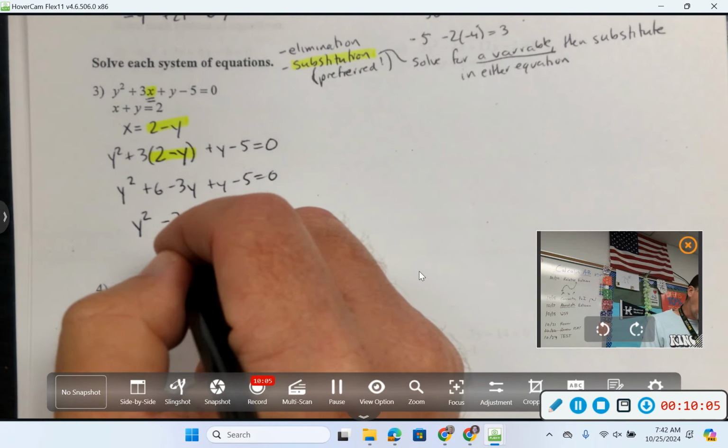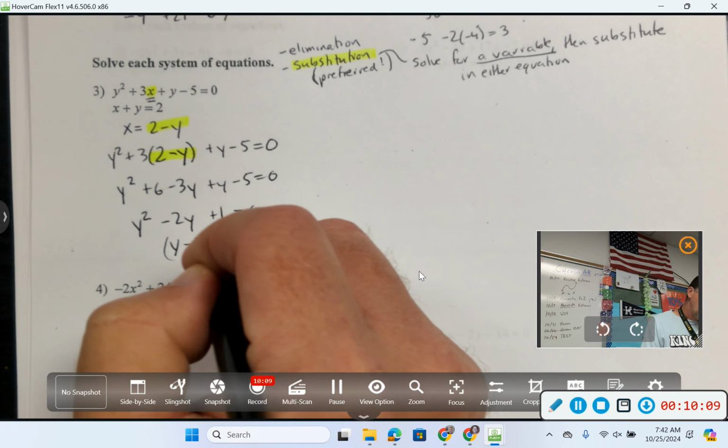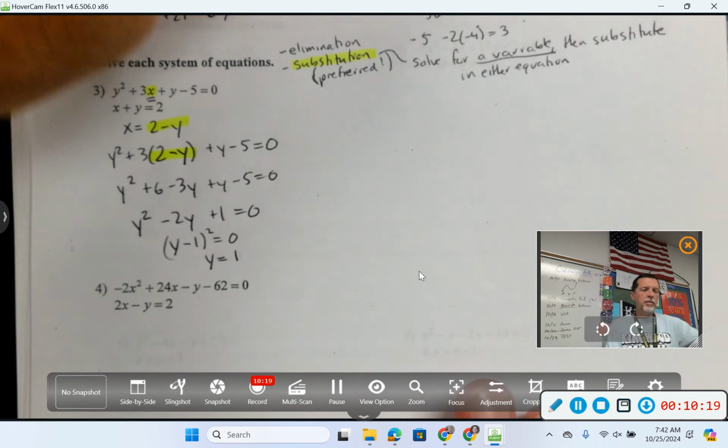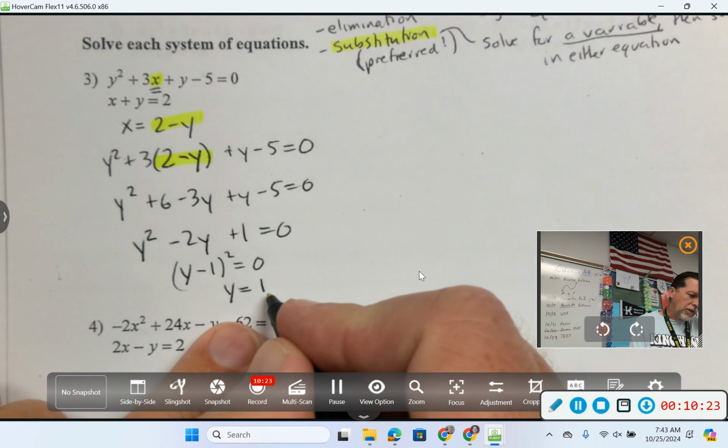It factors kind of nicely. I think that suggests we have one answer rather than two. It's kind of a double root. Remember that when you had the repeated factor? I'm pretty sure I'm going to get one answer here. Okay, so y equals 1.